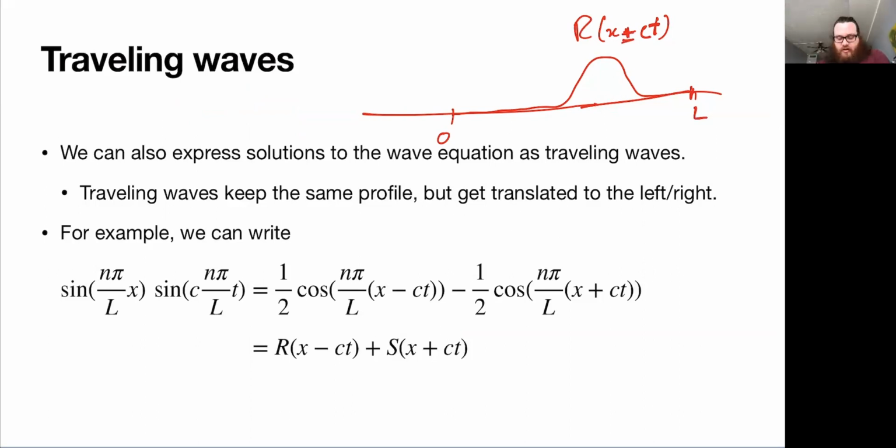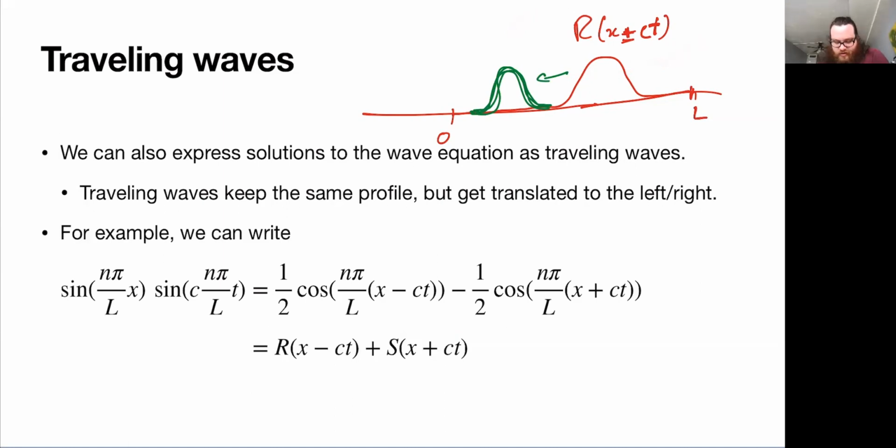Now, as t increases, as you let time evolve, what happens is, if this expression actually solves the wave equation, as t increases the profile of the solution is just going to shift to the left or right.